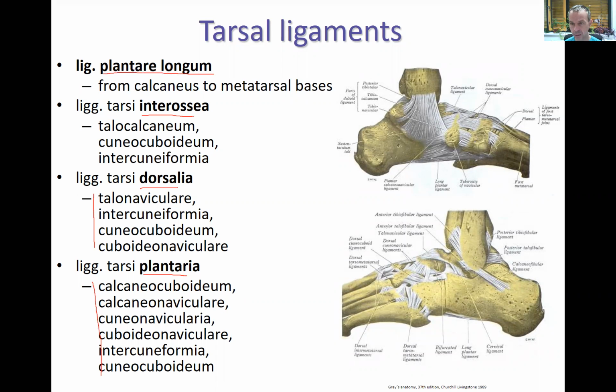The long plantar ligament you can see here, and it originates on the inferior aspect of calcaneus and terminates on the bases of metatarsals. I'm sorry, bases of metatarsals, as the heads are here. And this is a quite long and very thick ligament, which also contributes to the longitudinal foot arch.